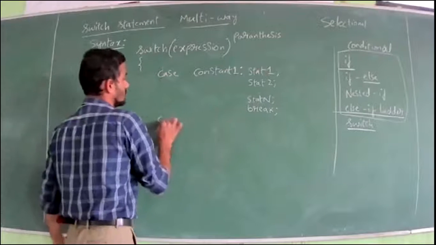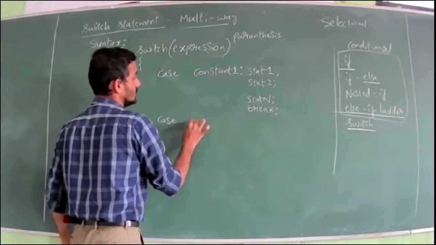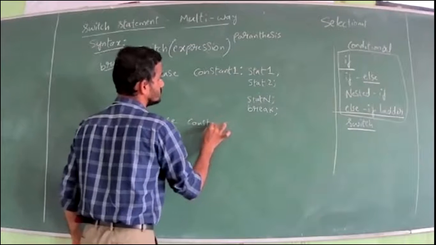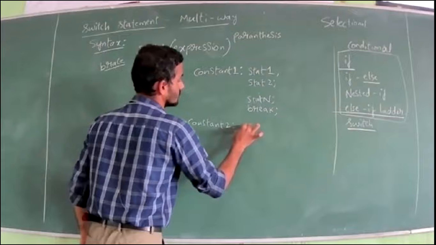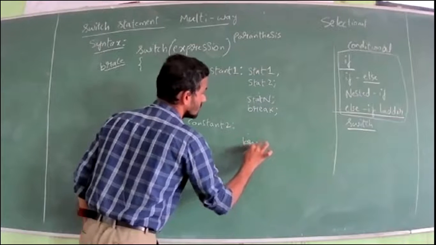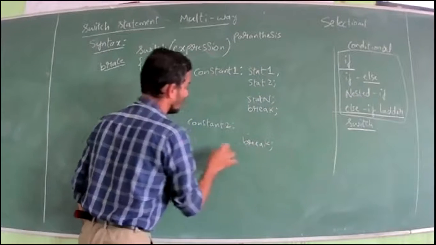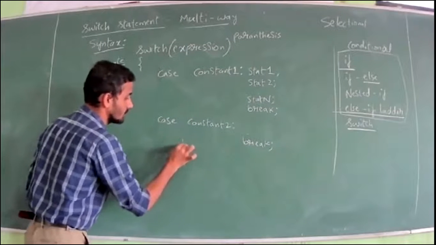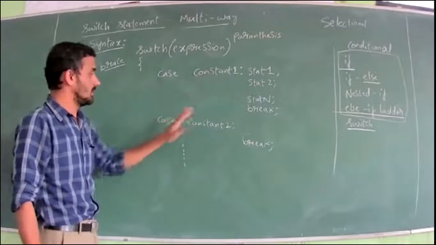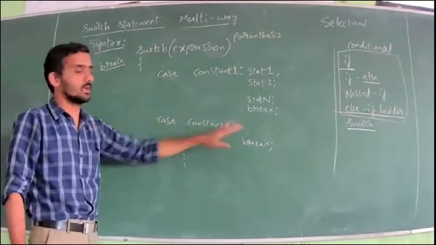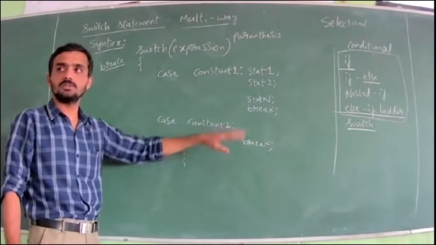Next. So the next thing is again case constant 2. Okay. So same, we will write the statements. Next, break. Okay. So this continues. That is case constant 1, statements, break. Case constant 2, statements, break. Case constant 3, statements, break.